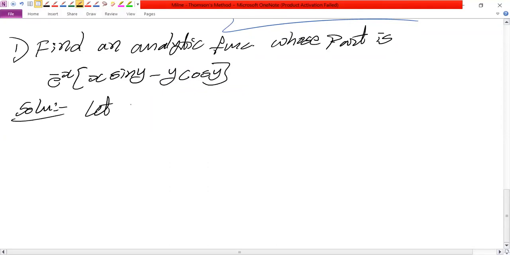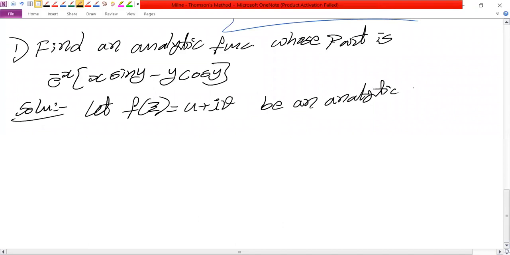Before we discuss this, what is the general form of an analytic function? Let f of z equals u plus i v be an analytic function. If they provided an analytic function, what is u here? Real part of f of z.